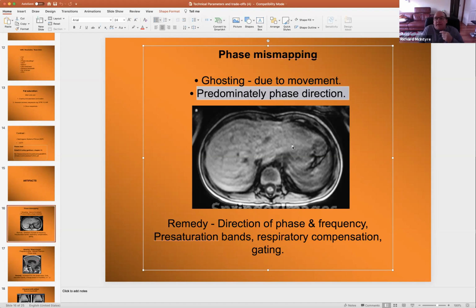so the remedy to solve this is to change the direction of phase and frequency, in which case the phase direction will be left to right and you'll get an artifact outside the field of view.